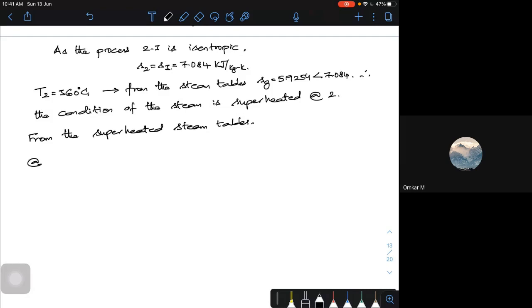At 15 bar, your S at 350 degrees is 7.1035, and at 400 degrees, S is equal to 7.2708.